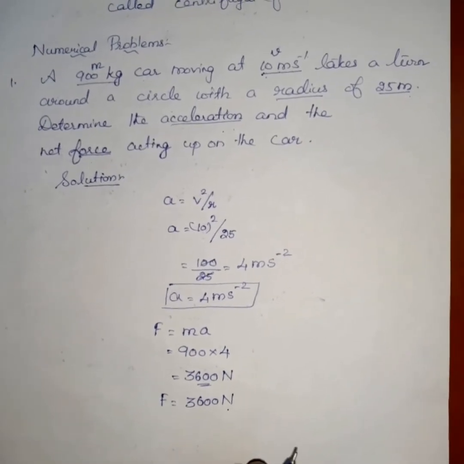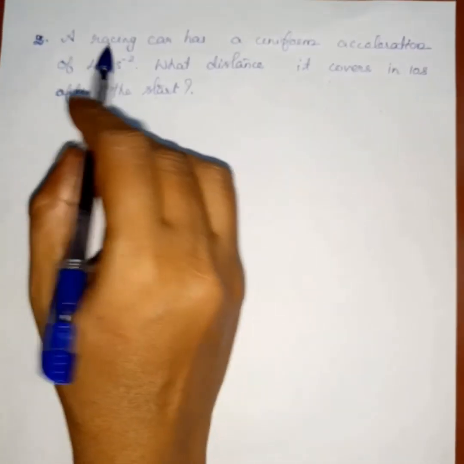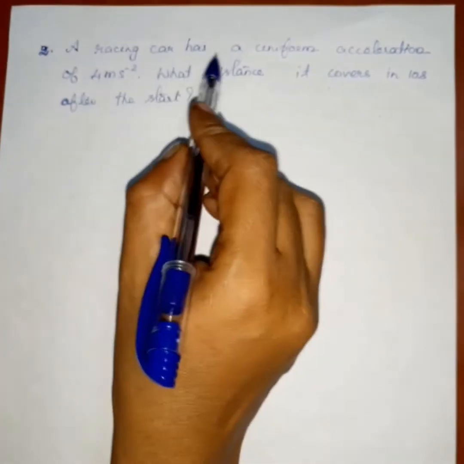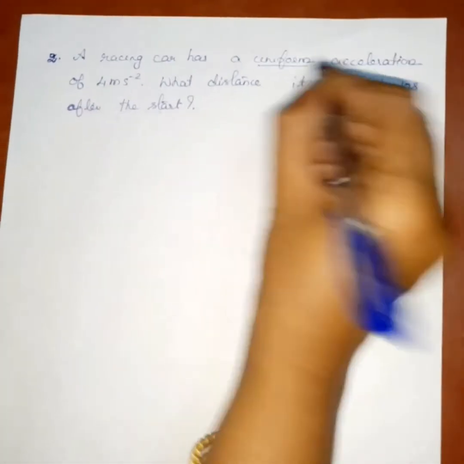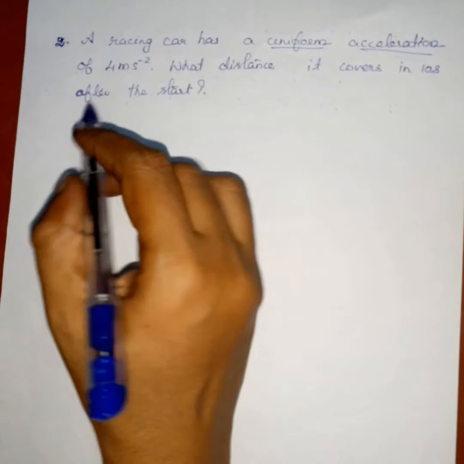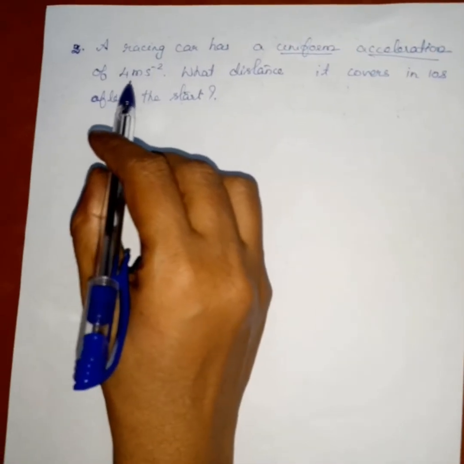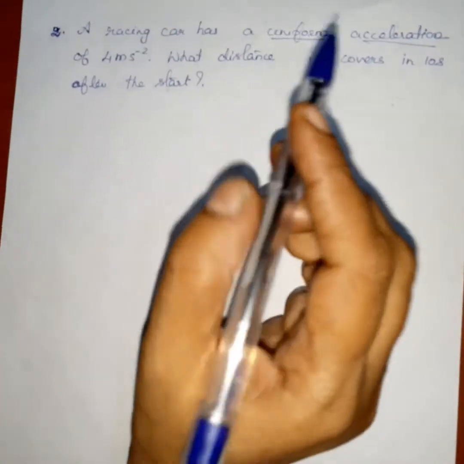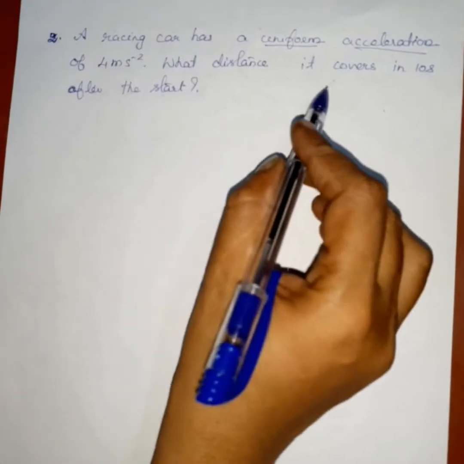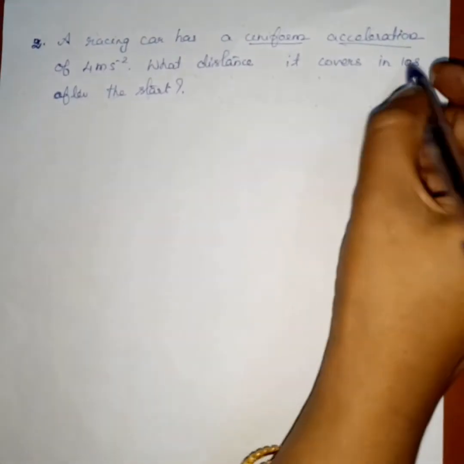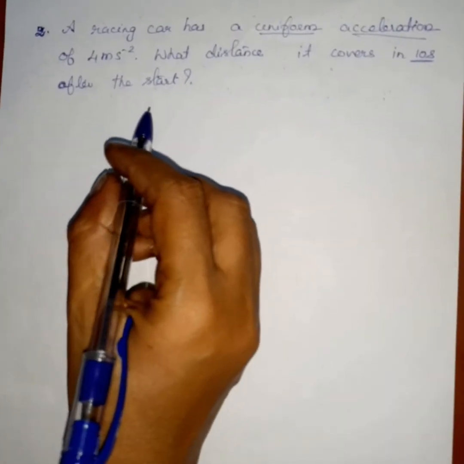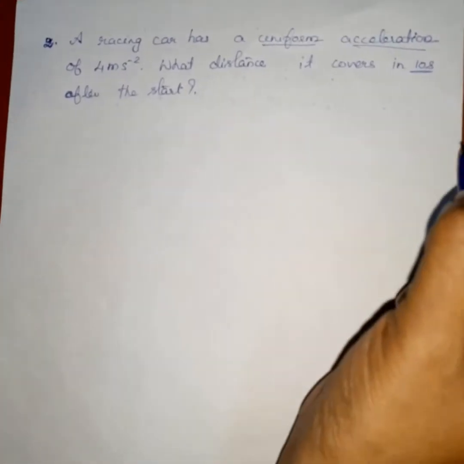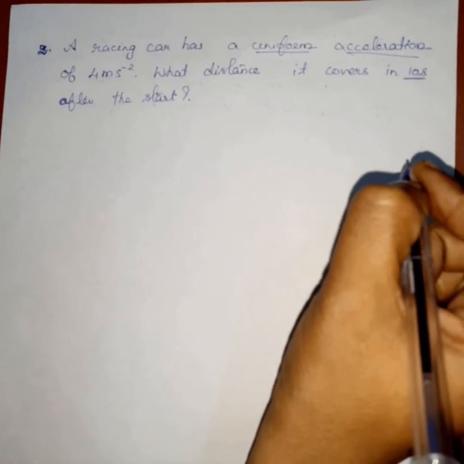A racing car has a uniform acceleration of 4 m s^-2. What distance does it cover in 10 seconds after the start? First, do you know the equations of motion?